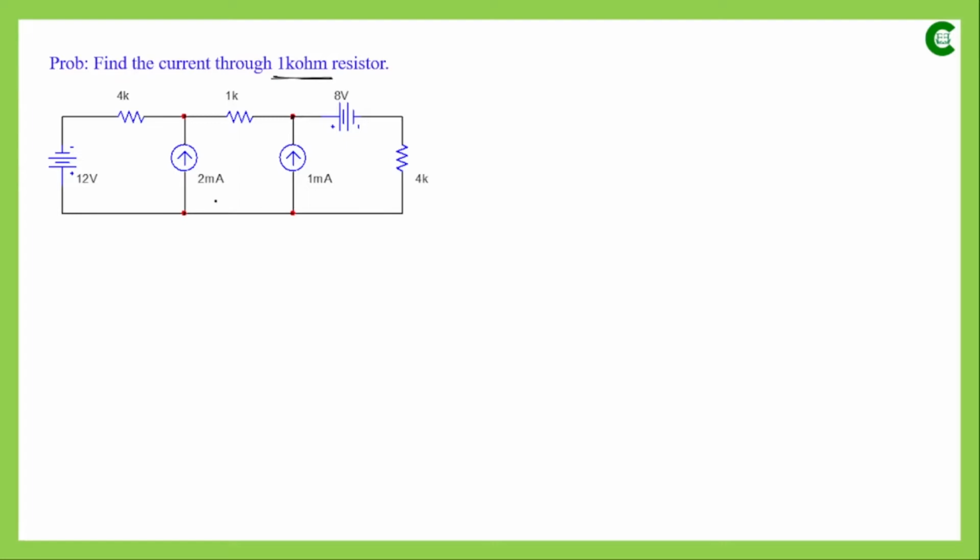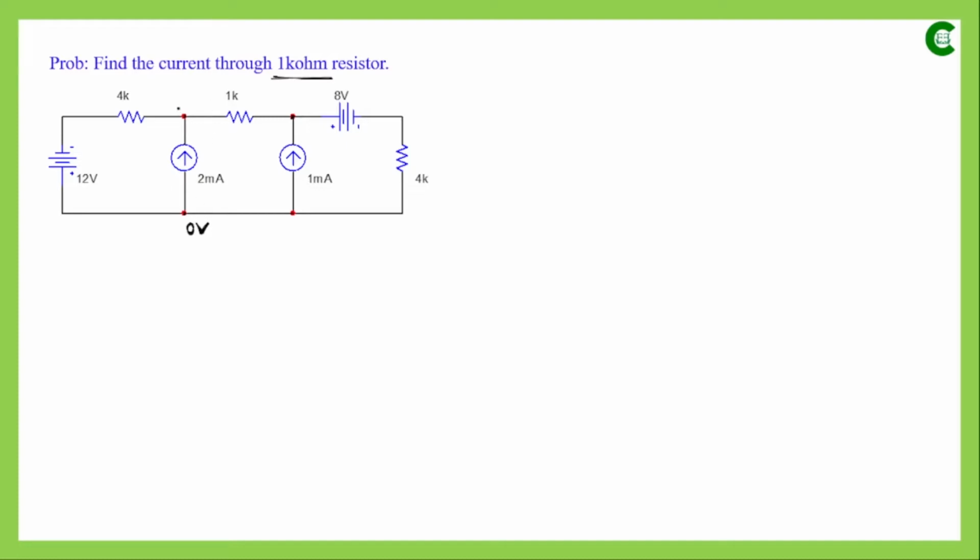So in this circuit we have three principal nodes, and if we want to apply node analysis, then as we know one of the principal nodes will be connected to ground. Suppose we choose this node to be connected to the ground; then the potential of this node will be 0 volt. So this node is our reference node.